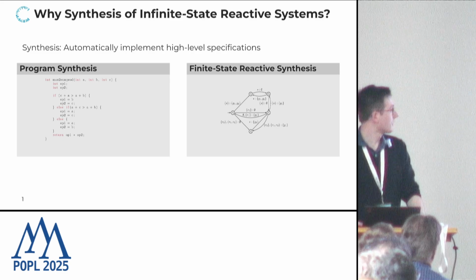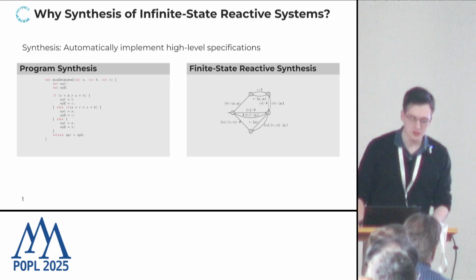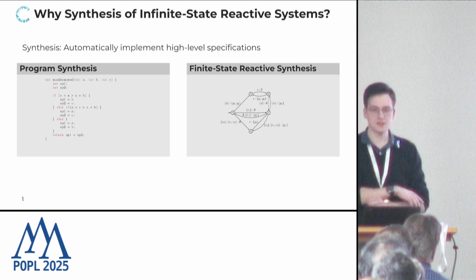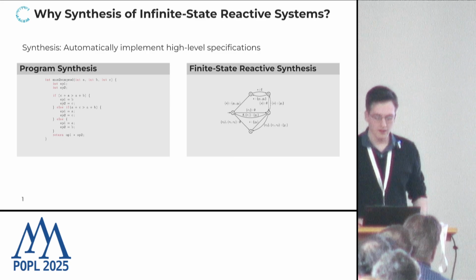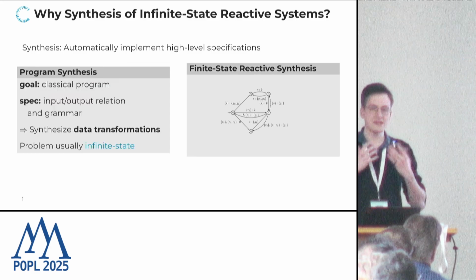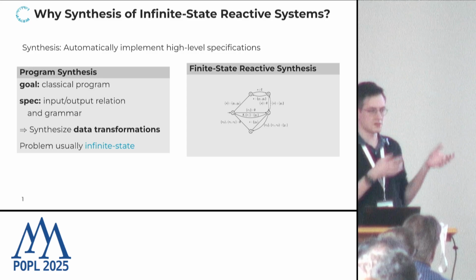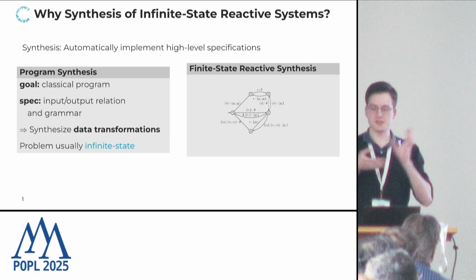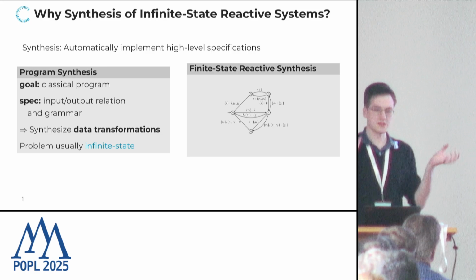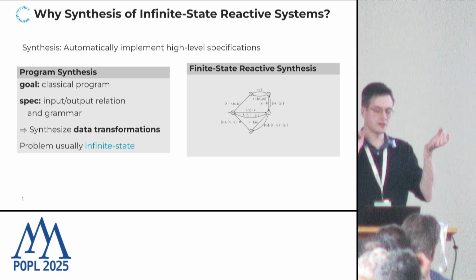And one major historical direction has been program synthesis, as we've seen this morning. In program synthesis, what you want to get is a classical program, in the sense of a program that gets some inputs, does some computation, and produces some outputs. That's why usually a specification for such a classical program is via the relationship between the inputs and the outputs.